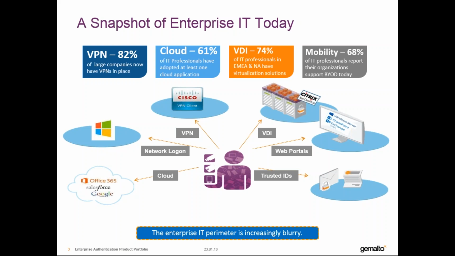All these different applications being used within the organization for different users require different levels of access. Additionally, the IT perimeter has increased, and the maintenance of different IDs for these different applications becomes like a nightmare for IT administrators.